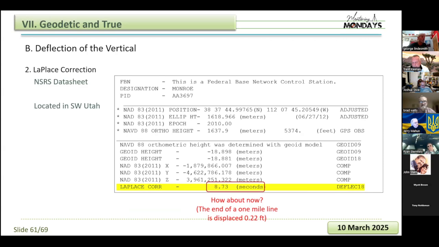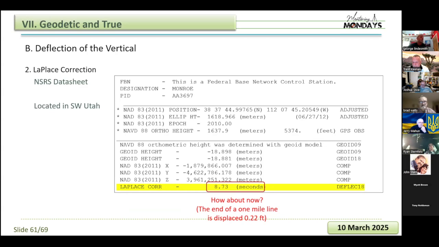Can I ignore that? Well, at the end of a 1 mile line, at the end of a section line, it places the end of that section line almost a quarter of a foot off, which is enough to create what we call pincushions. So that one we might have to compensate for.